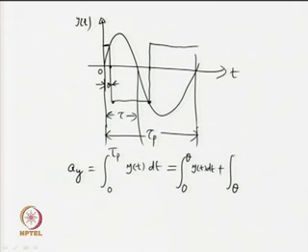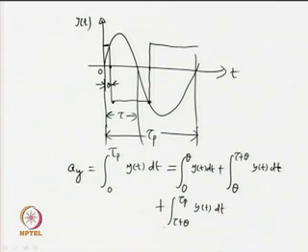So, we go from theta to tau plus theta, y(t) dt, plus tau plus theta to tau p, y(t) dt. These three terms combined will give us the area of the output signal.